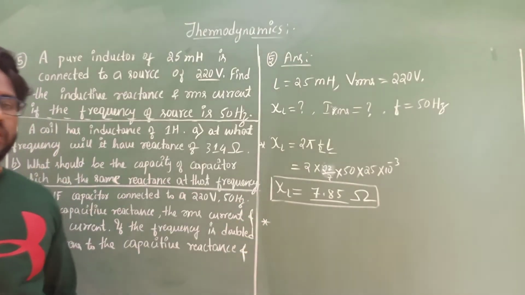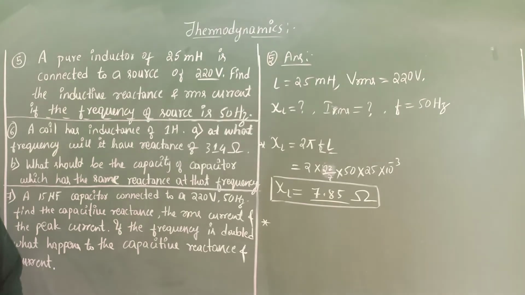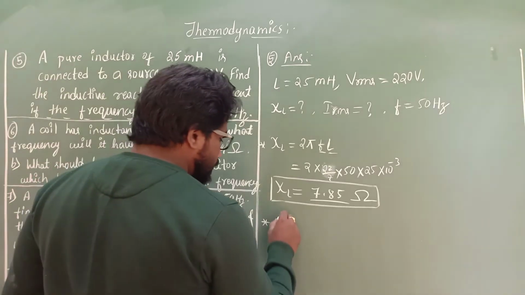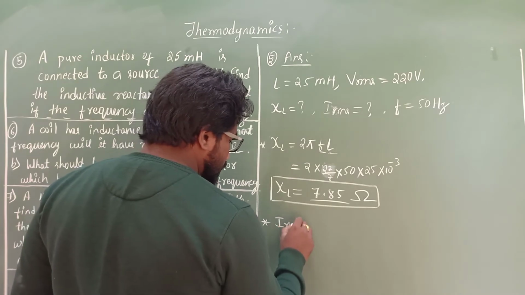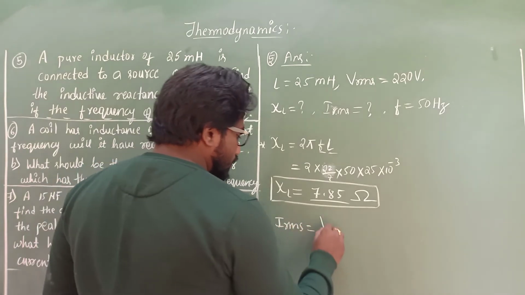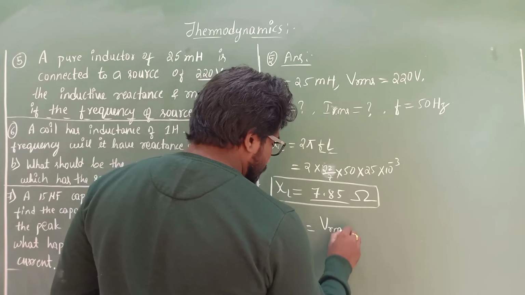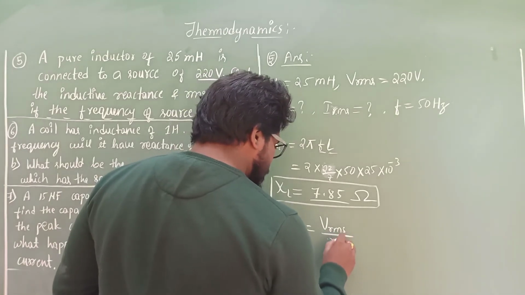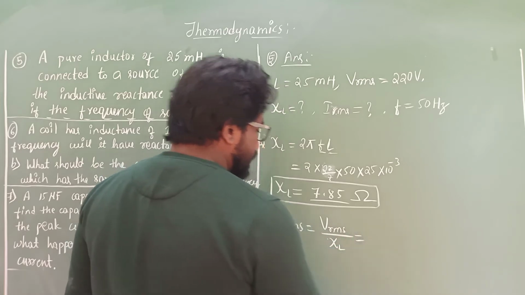So if you want to find the value of IRMS, you get Vrms by XL. So IRMS equals Vrms divided by XL.